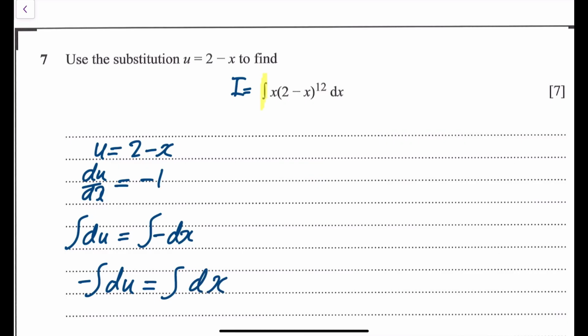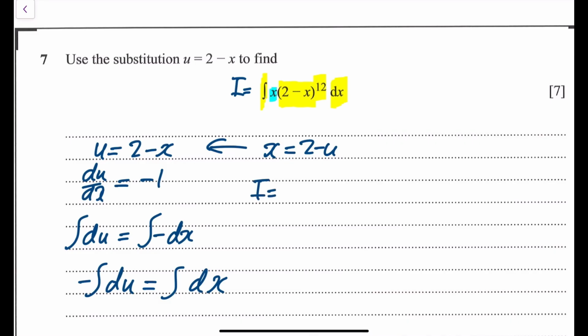So far we've changed our integration sign and our dx. We now need to sort out this x and this 2 minus x to the power of 12. The 2 minus x to the power of 12 is just u, so it's going to be u to the power of 12. So we're left to sort out what x is. We'll rearrange this, bring the x across and swap the u across. You'll have 2 minus u.